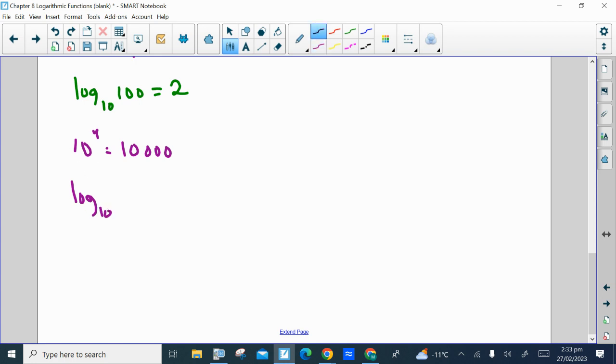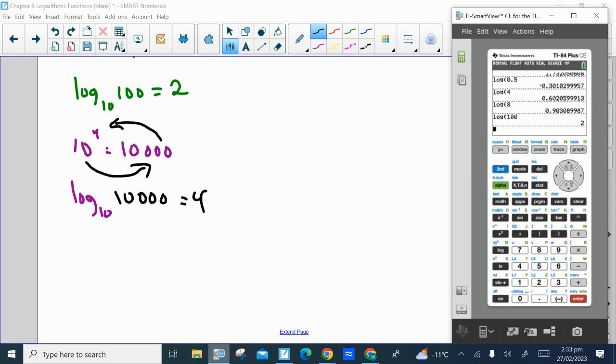To get what order the other pieces go in, start with the base and cycle through. So after you have your log with a base of 10, after the 10 comes the 10,000. And after that, that will equal 4. There's the exponential form, there's the logarithmic form of 10 to the power 4 equals 10,000. And again, you could check this on your calculator by taking the log of 10,000.